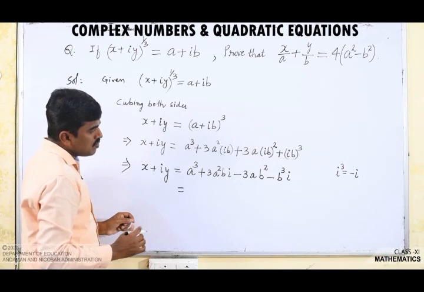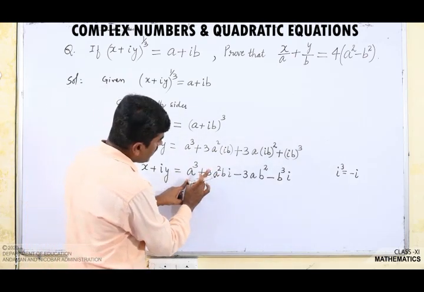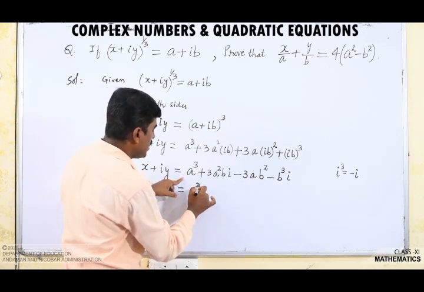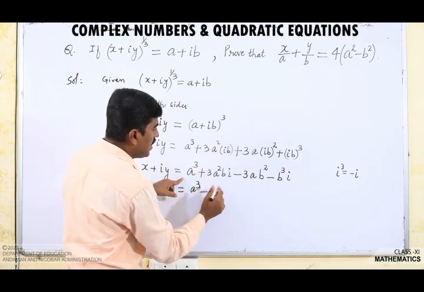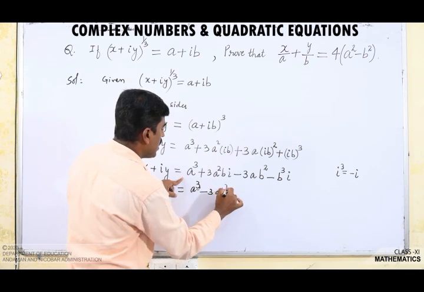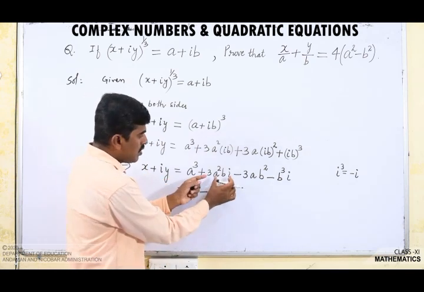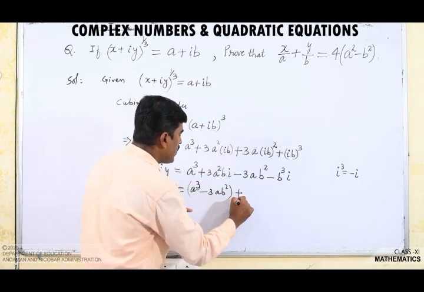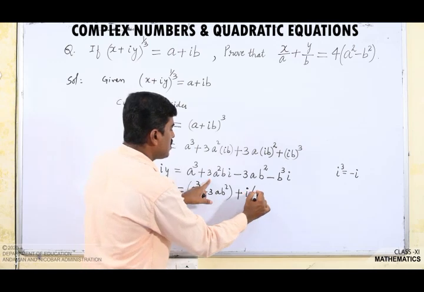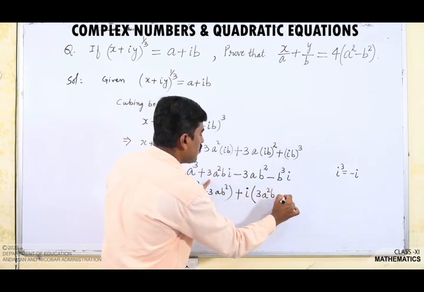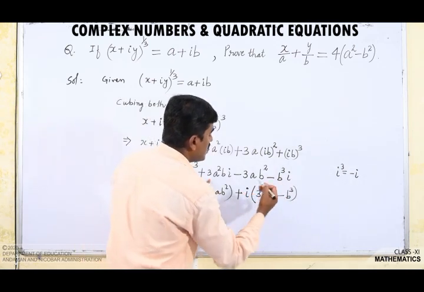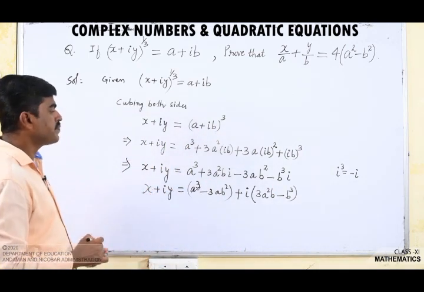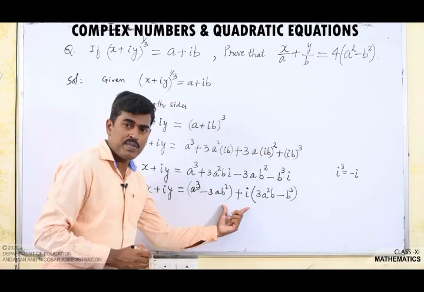Now rearrange it, take the real parts first: a cube minus 3ab square, and the imaginary part, taking i common, plus i (3a square b minus b cube). So it is equal to x plus iy. Now these two complex numbers are equal.